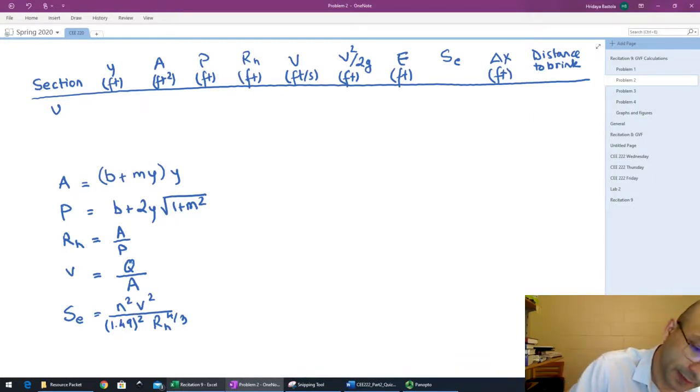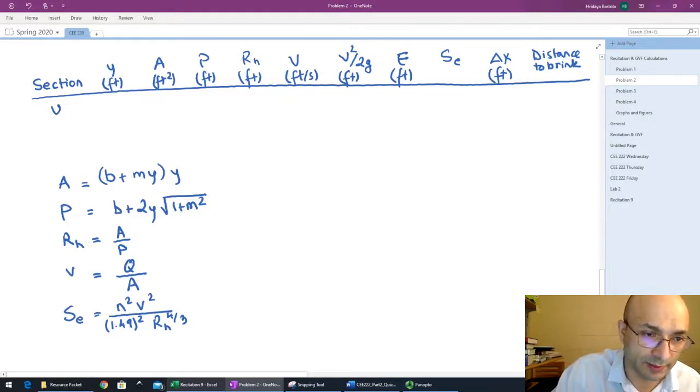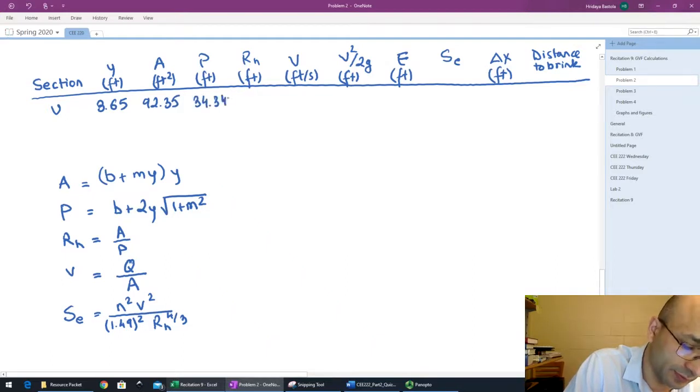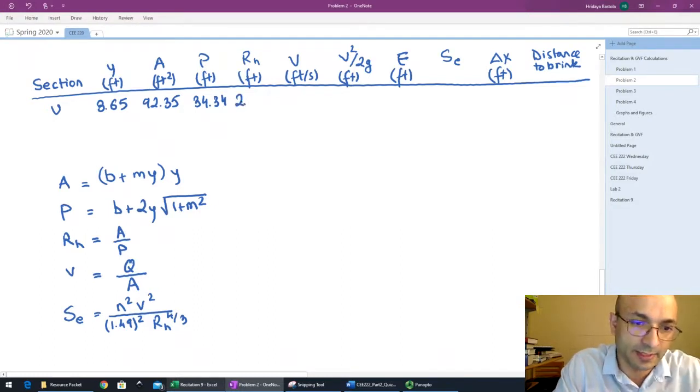Okay, so let's start with the upstream location. We have 3.65. Using that water depth, we can calculate the area, 92.35, wetted perimeter of 34.343, hydraulic radius of 2.69.